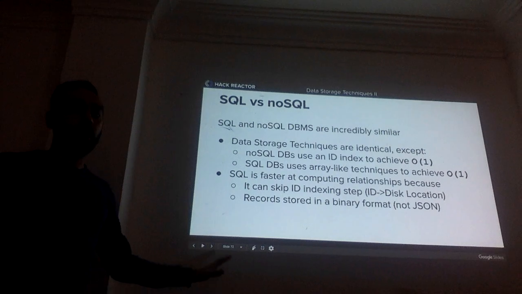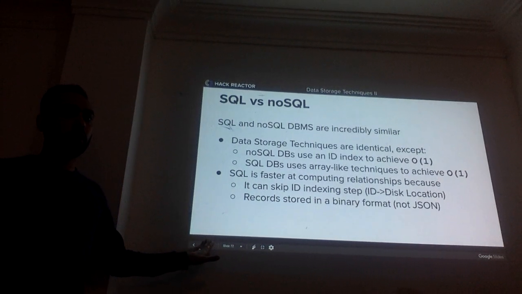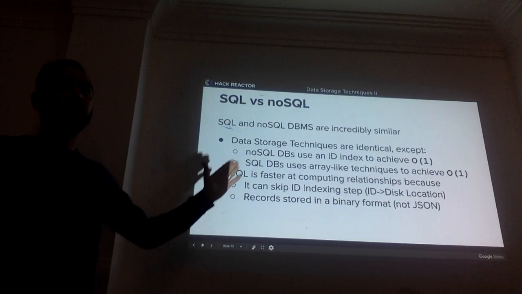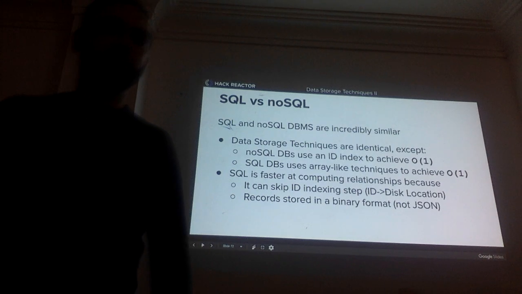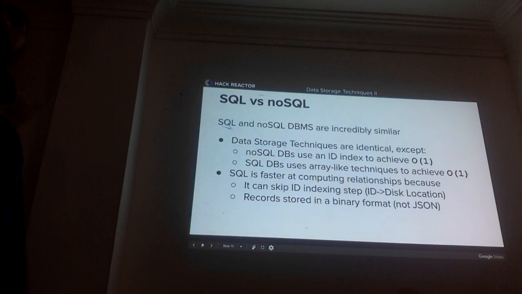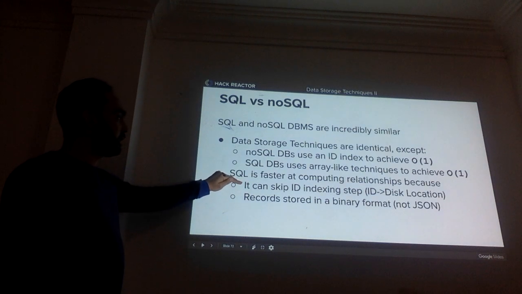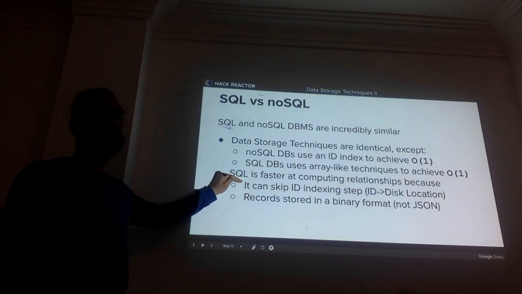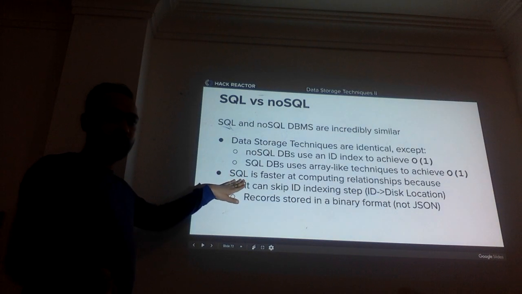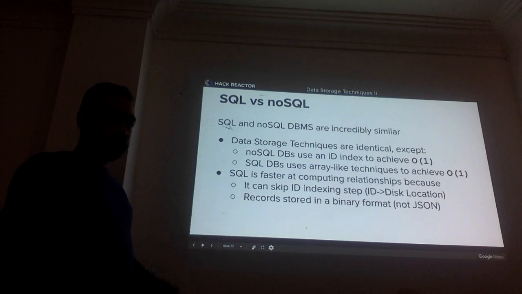But it's always going to be fixed. In NoSQL, you can punch any data you want. Now, SQL is faster in computing relationships. You'll get this afternoon what relationships are.